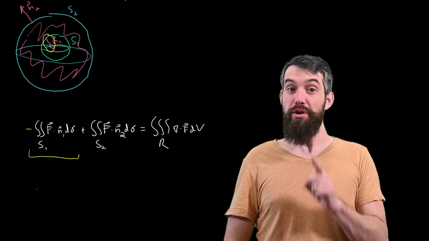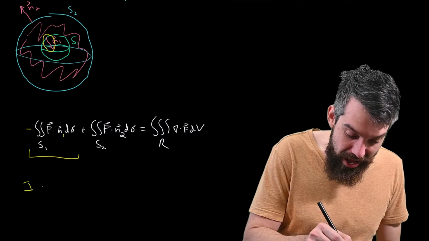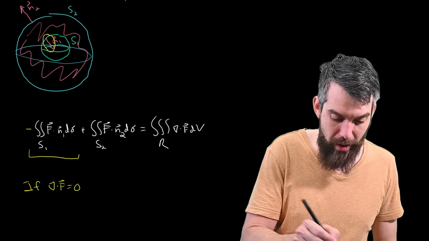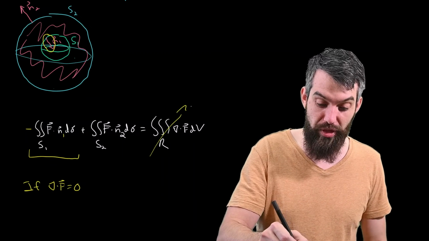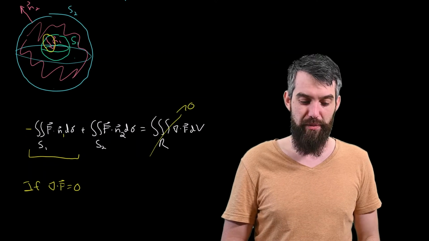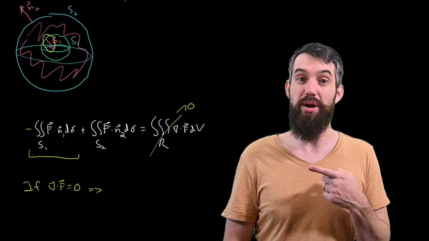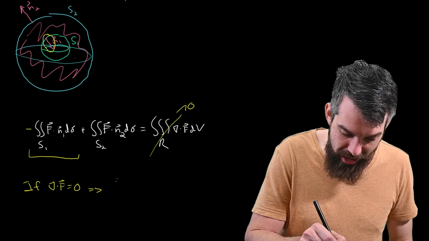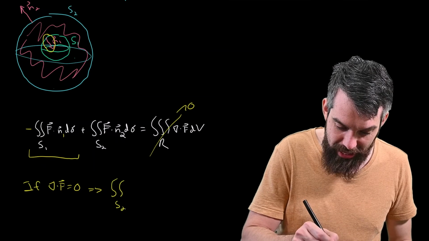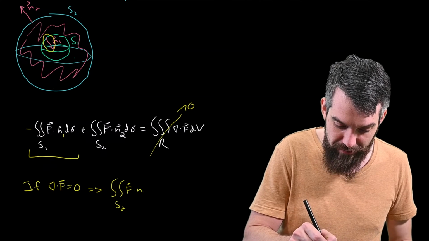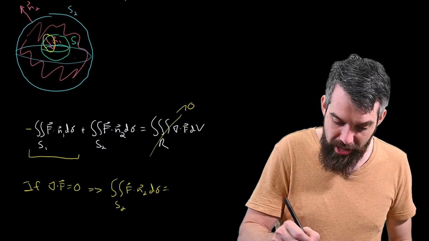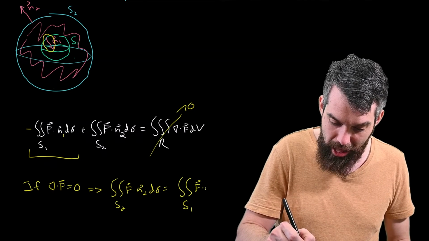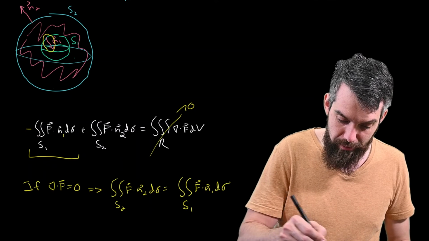And then I'm going to note one corollary, which is that, so it's not always true, but if the divergence was equal to 0, then the right-hand side would be cut out, and we can state this a little bit more cleanly. The negative sign moves that term to the other side, and what I'm going to have is that the integral over the second surface of f dot N2 d sigma is the integral over the first surface of f dot N1 d sigma.